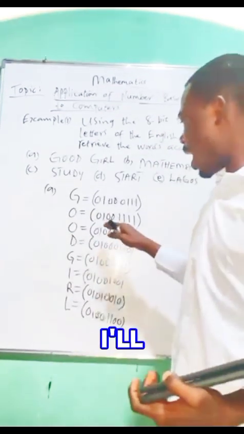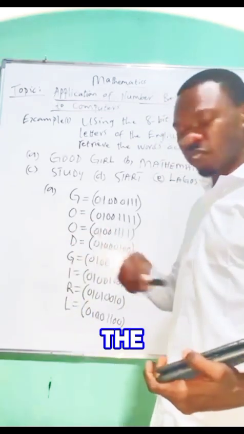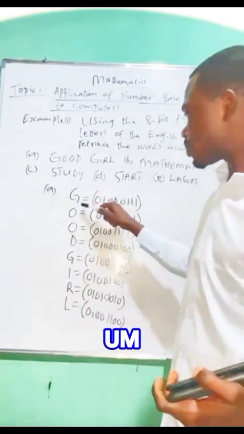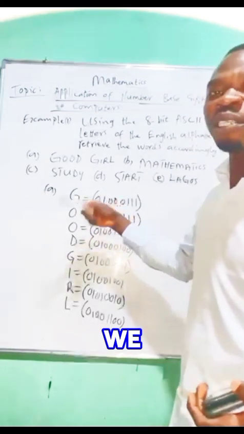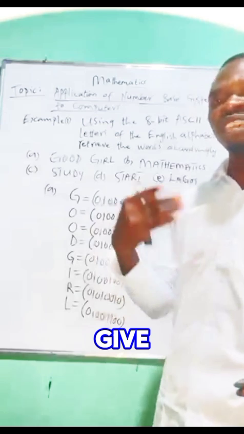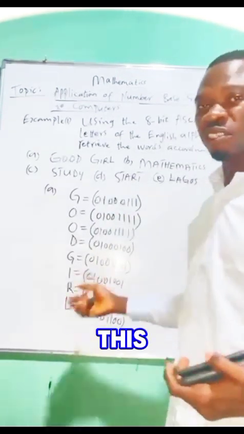That is, I will give you the code, and from this table, what is the word? That is, I can write this code for you and tell you to give me the word. So that is the beauty of this.